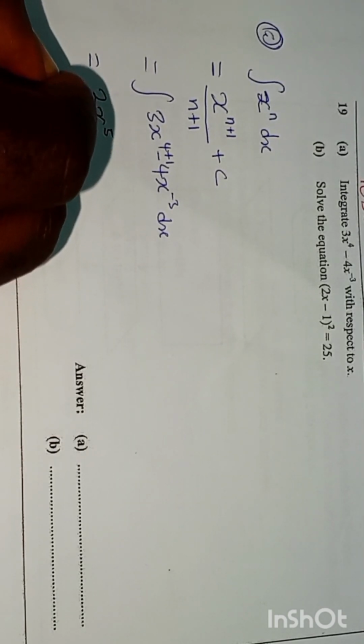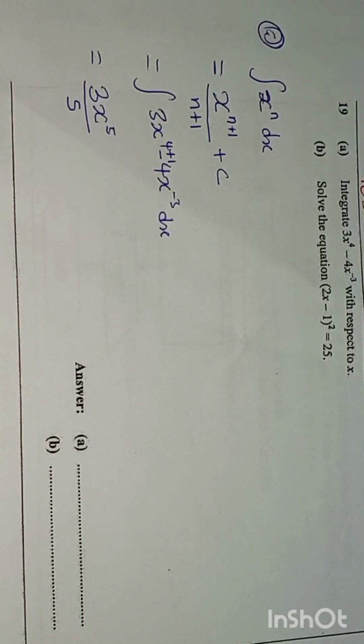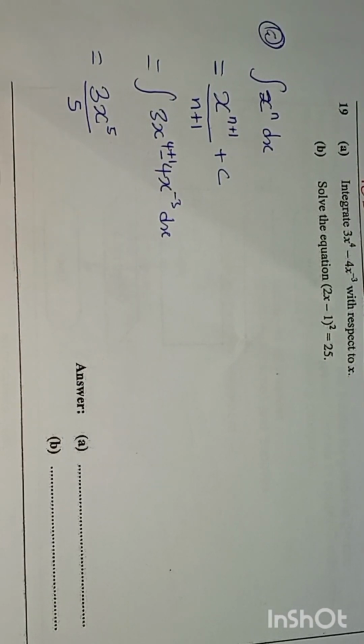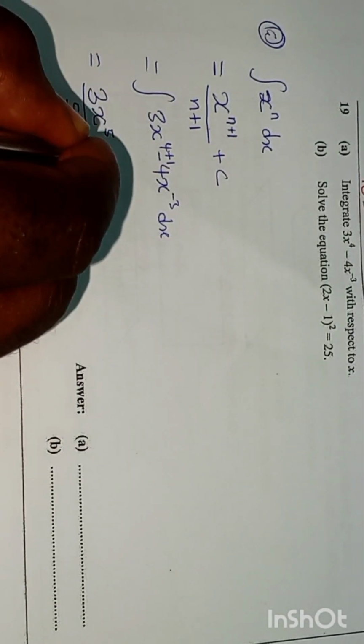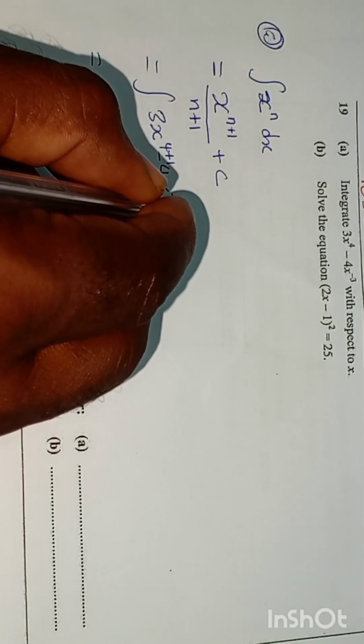Then you divide by the new power, which is 5. Minus, you say plus 1. So 4x to the power negative 3 plus 1, it is negative 2. So you divide by the new power, which is negative 2, plus c.